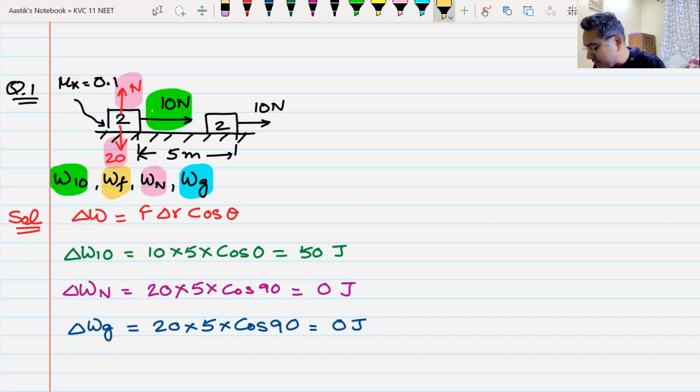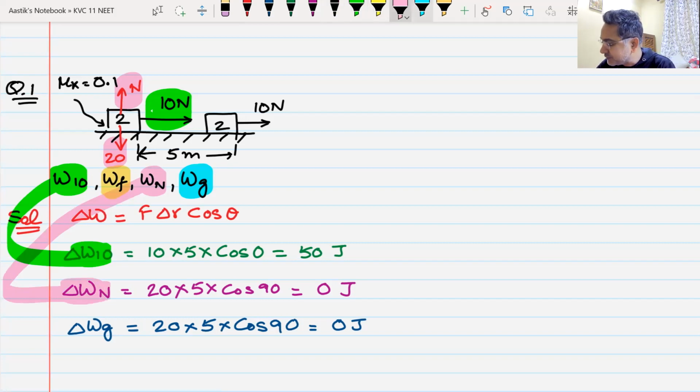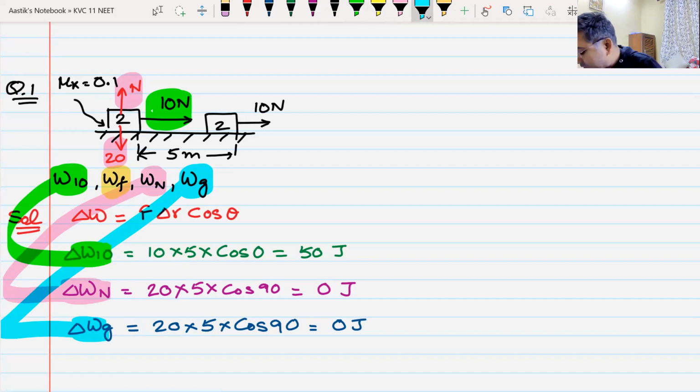The only thing left now is to find out the work done by friction. This one was work done by the 10 Newton force, this one by the normal reaction, and this one by gravity. How will I find the work done due to friction? First of all, I have to find the frictional force.